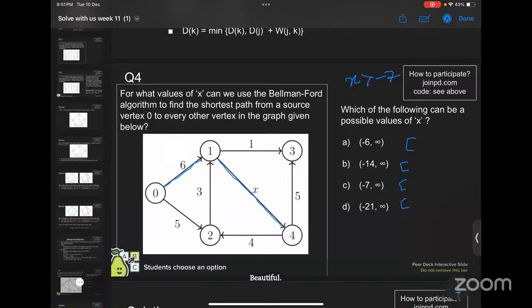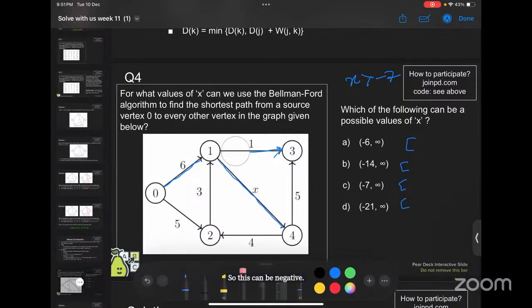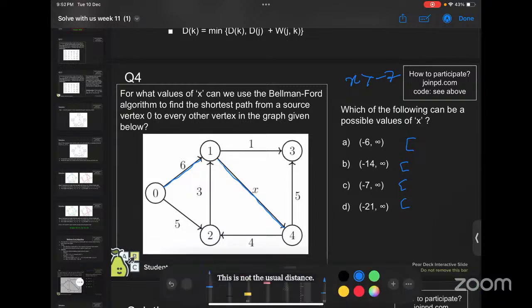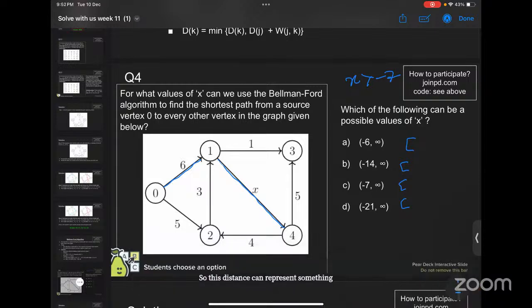Here we are measuring a distance, but the weight can represent anything. Whenever we use -1, this is also a distance, right? So this can be negative. This is not the usual distance; it can represent something else, which can be negative. So there is no problem with a negative distance.